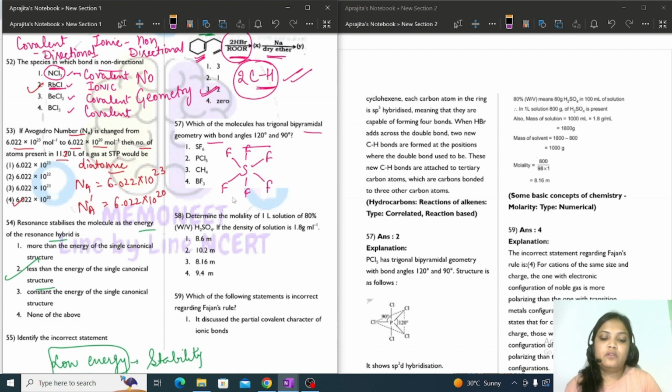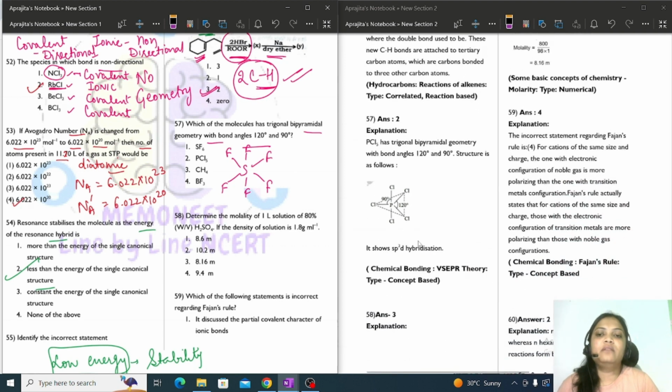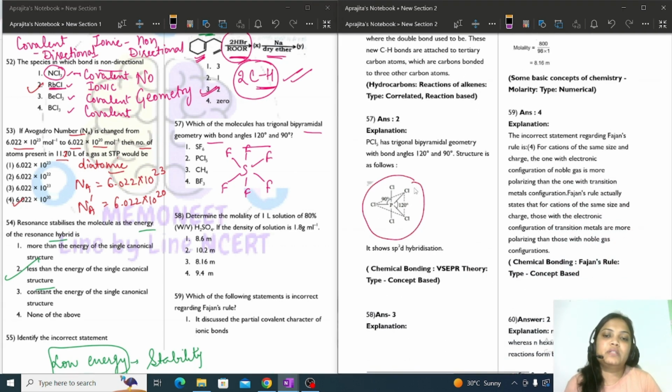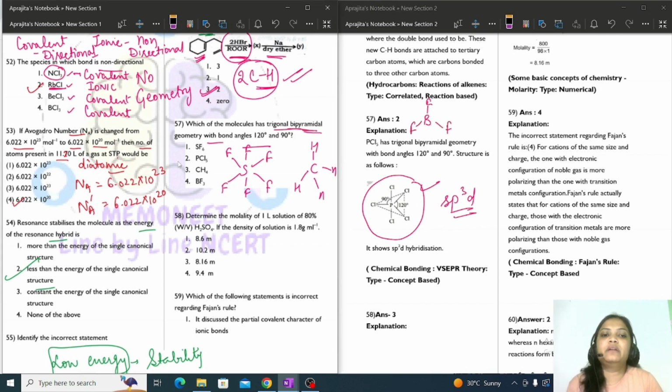Now if I talk about PCl5, you can see here that it is having trigonal bipyramidal geometry. It shows sp3d hybridization. Methane CH4 has a tetrahedral geometry, whereas BF3 is trigonal planar. So it means trigonal bipyramidal is PCl5, option number 2.